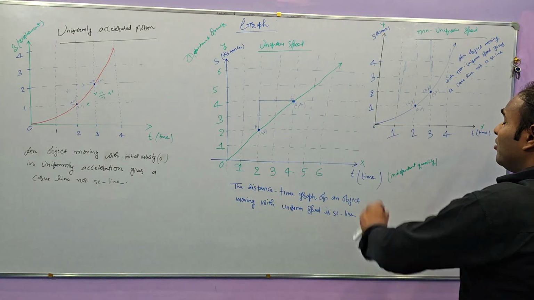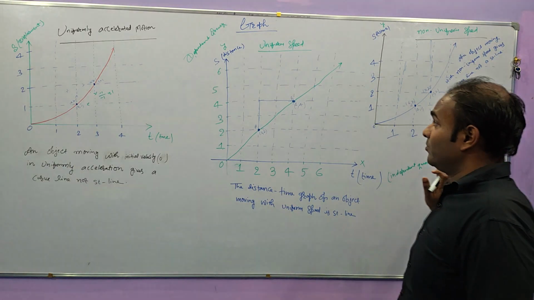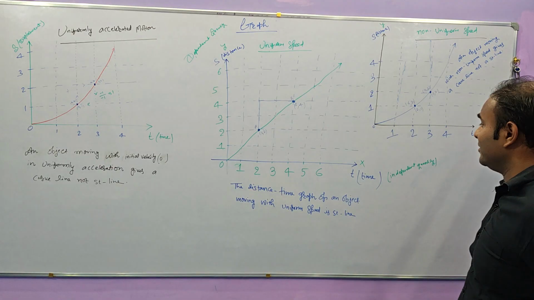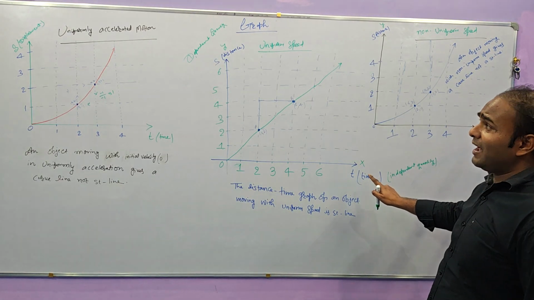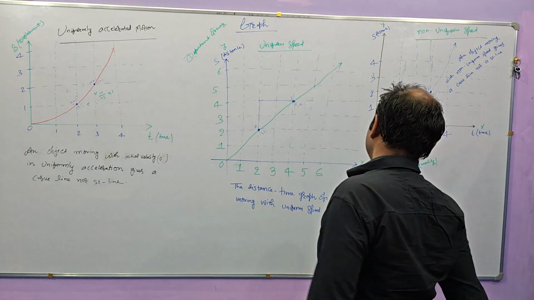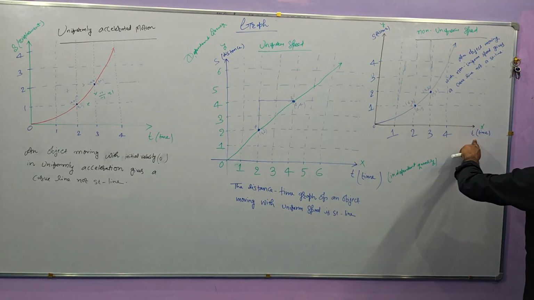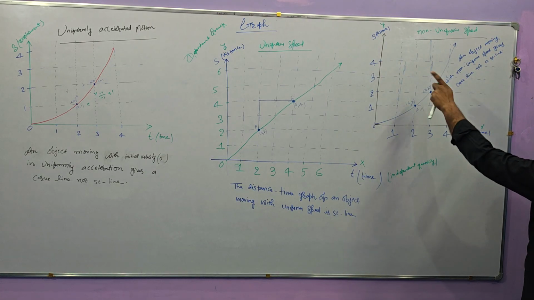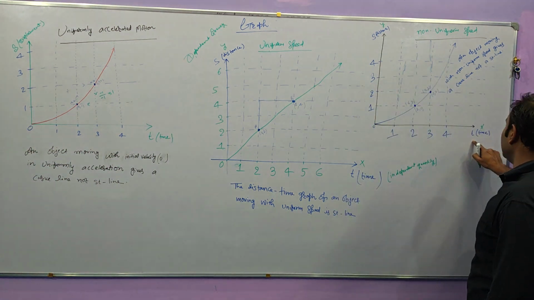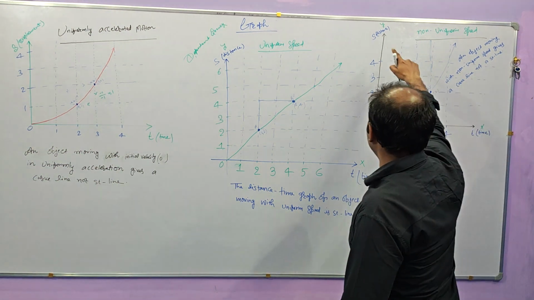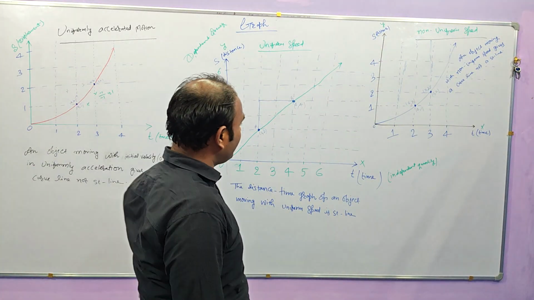Distance depends on time, but time doesn't depend on distance. That has a simple meaning: time is the independent quantity and distance is the dependent quantity.